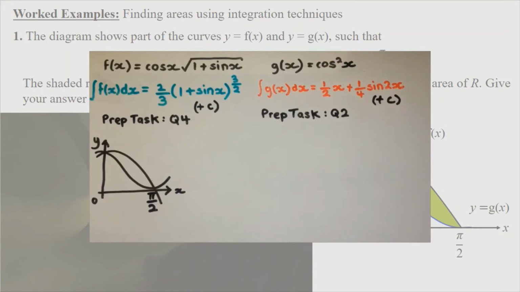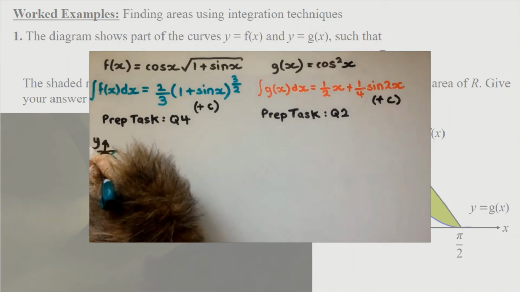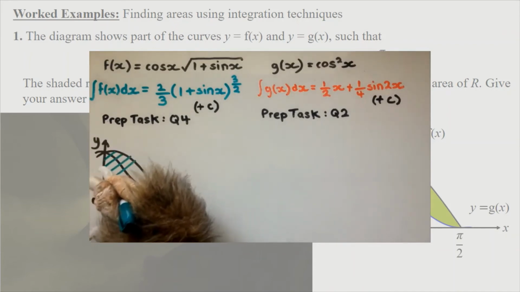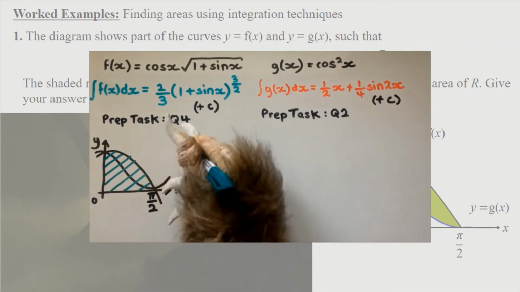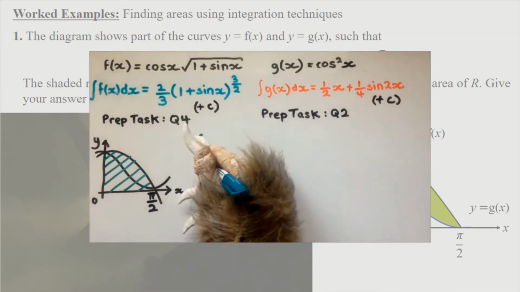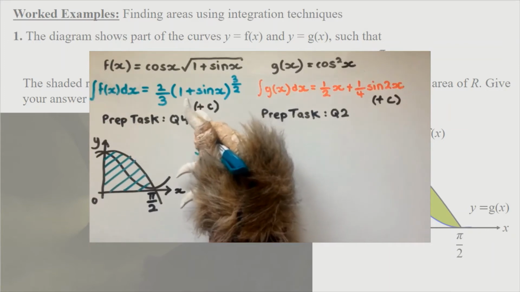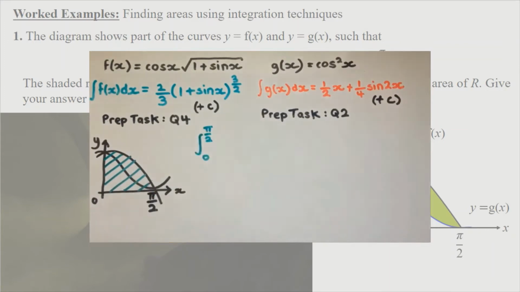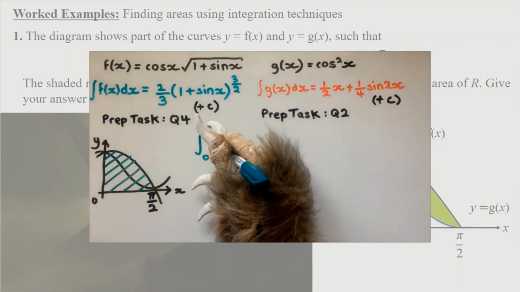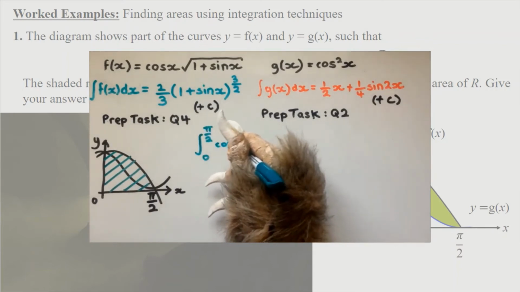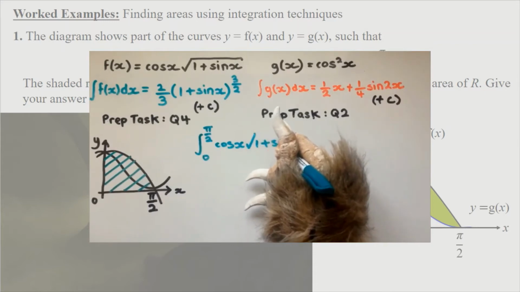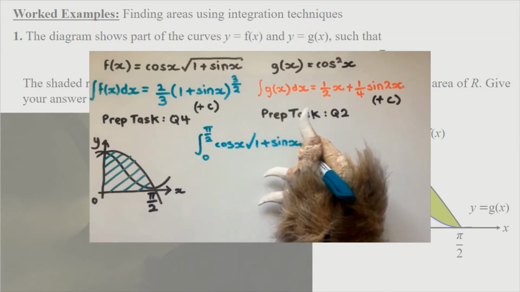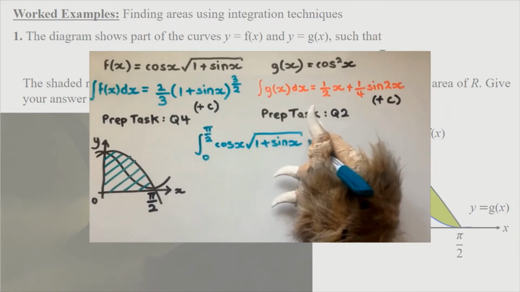Now the curve f, remember, was the first curve I drew, and it's going to be all this area here. So that area is represented by this integral. So it's the integral from 0 to pi over 2 of cos x multiplied by the square root of 1 plus sine x dx.